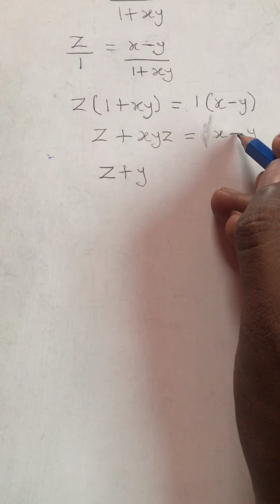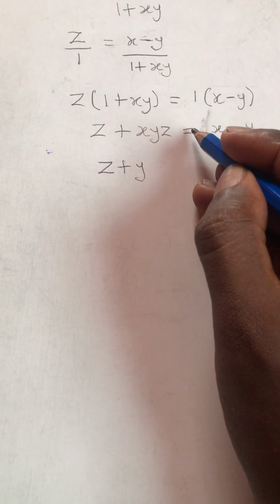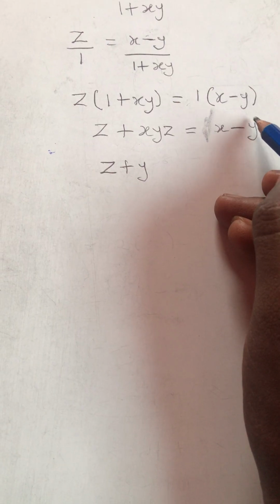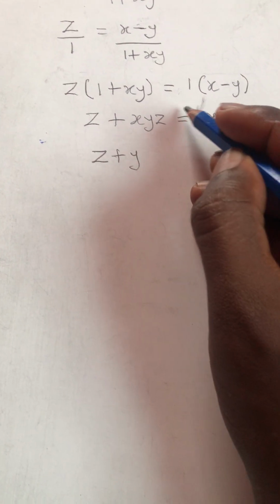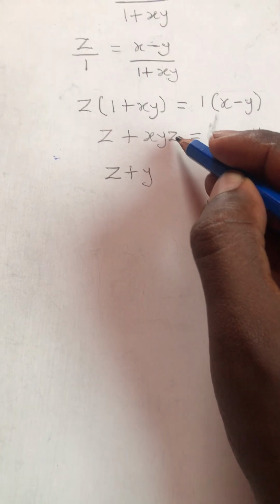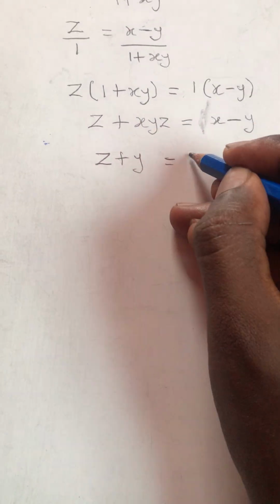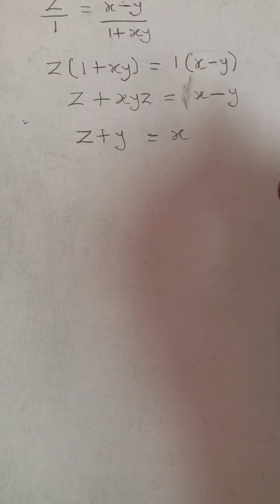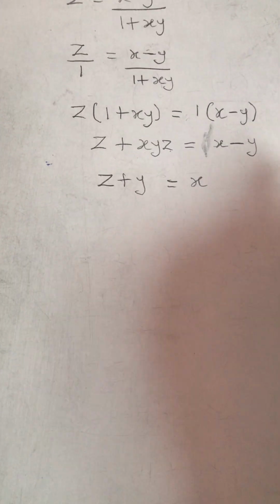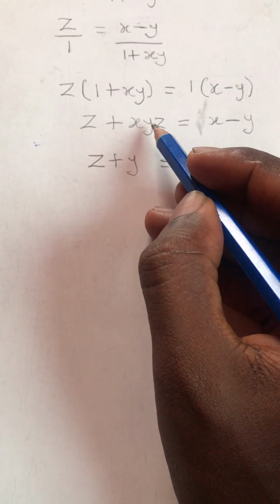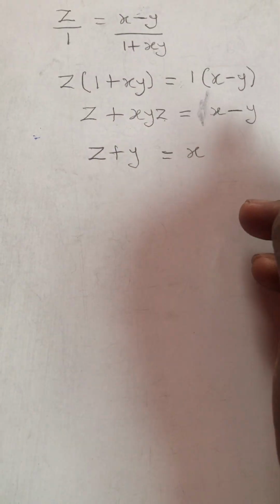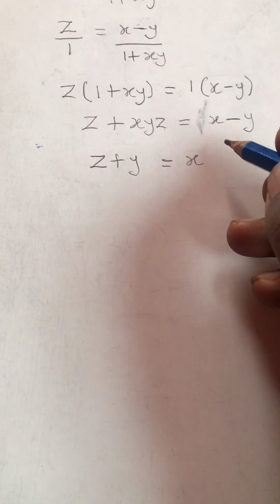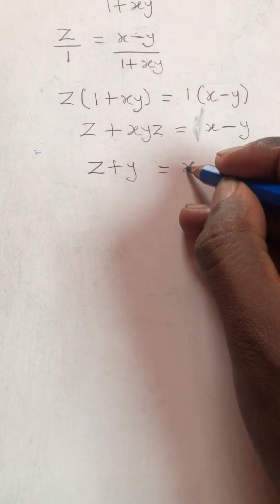Whenever a number crosses the equal to sign, it changes its form. Positive xyz is a positive number, so when it crosses the equal to sign, it changes its form to become negative.